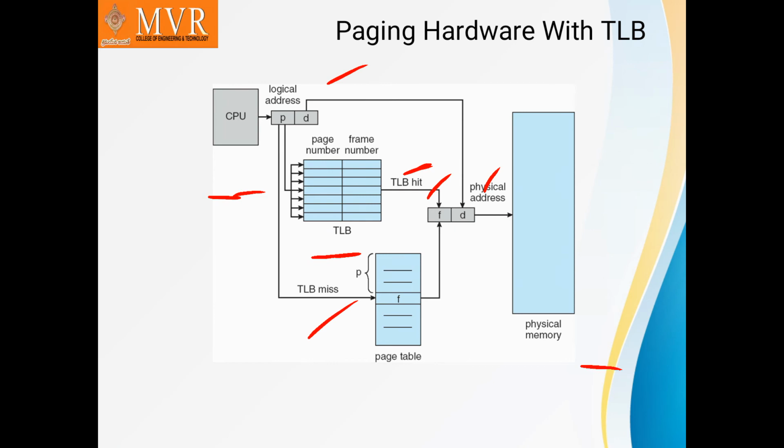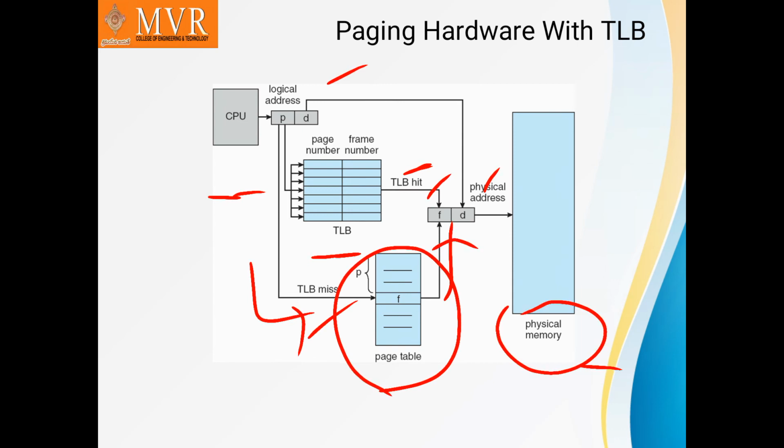If the page number is not in the TLB, then it is a miss, and the page table is checked. After the frame is obtained, d is taken from the logical address offset, and together they form the physical address.